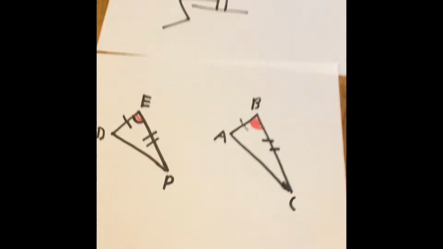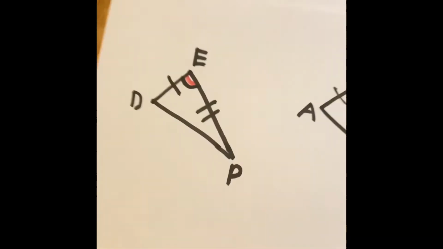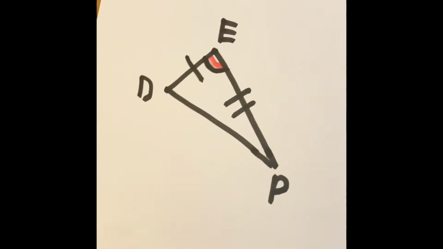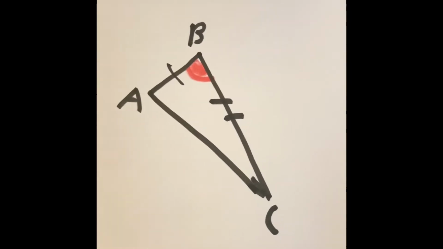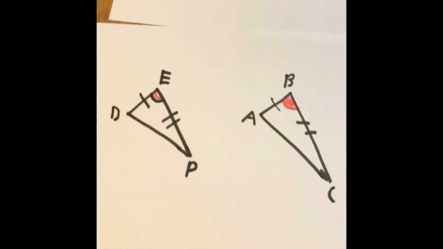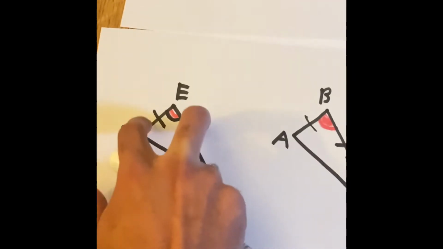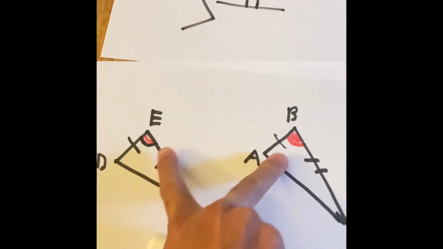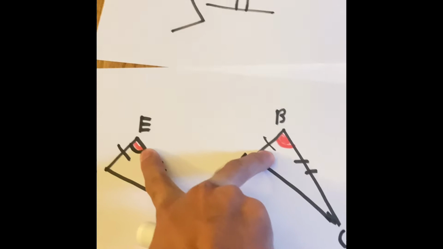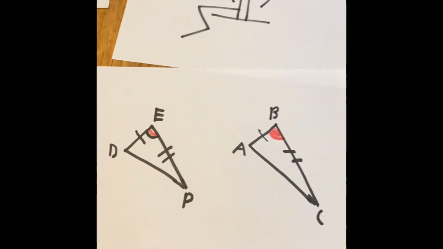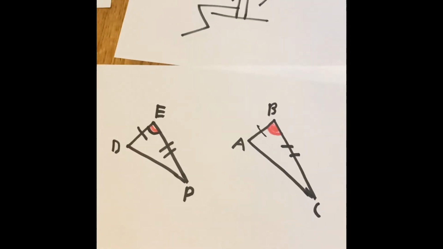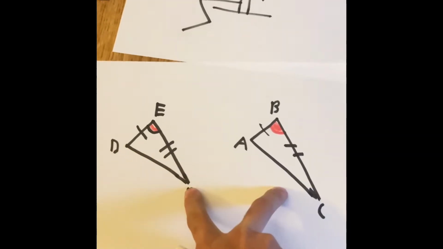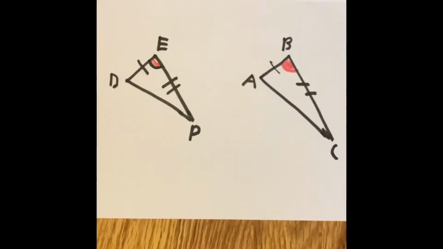So here's another scenario. Here's triangle DEP, and here's triangle ABC. We have 2 segments known as sides, and 1 angle. What 3 statements can we use to prove that these 2 triangles are congruent?